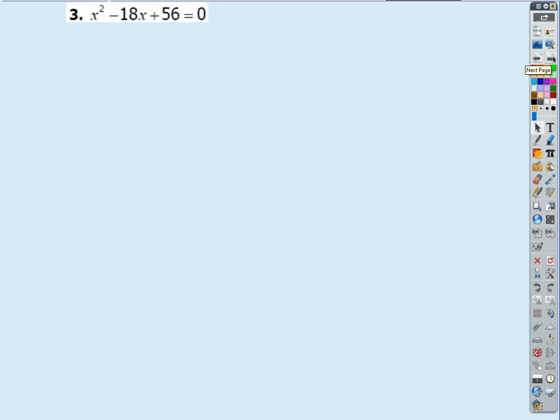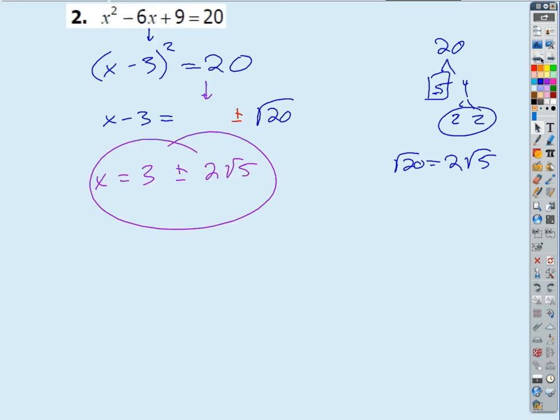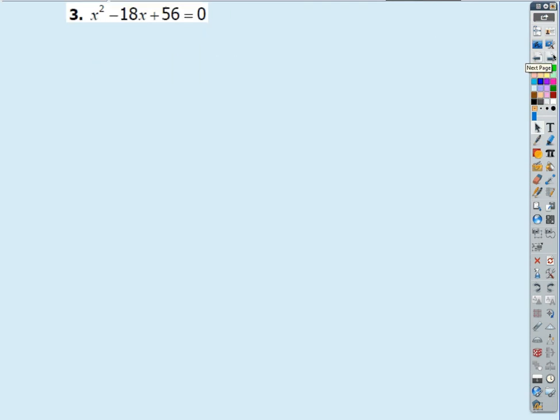Okay, so how could we apply that same thinking here? What could we do? If we want to use that same technique where I solve by isolating x, look, I've got multiple x's here. I've got an x squared and an x, so I can't really solve that by isolating x. That's one we would have to do by factoring if we could, right? But what if we wanted to solve it by isolating x?